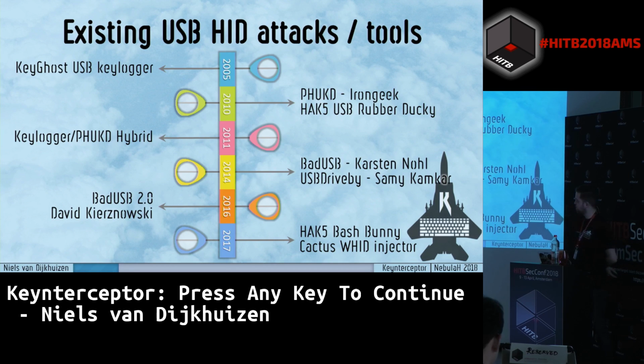And last year we've seen the Bash Bunny, essentially emulating all kinds of devices, and having the opportunity to program it freely makes it a versatile hacker tool. And the Cactus wireless keystroke injector.